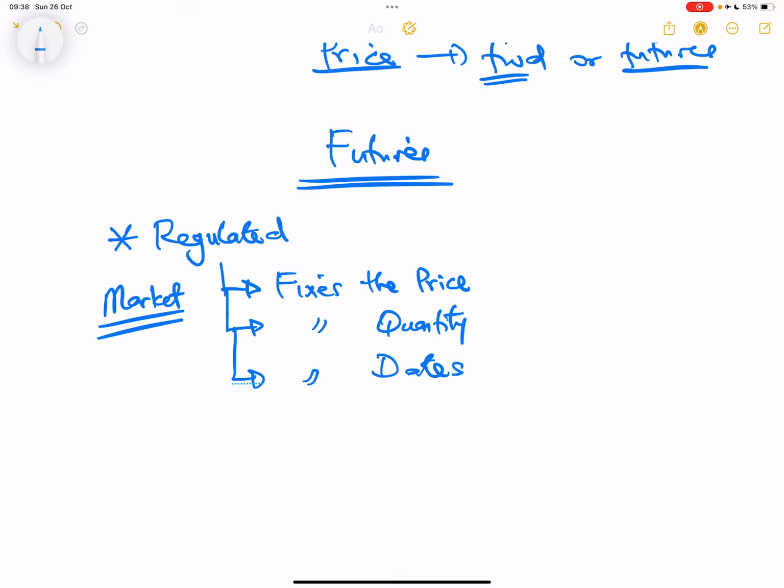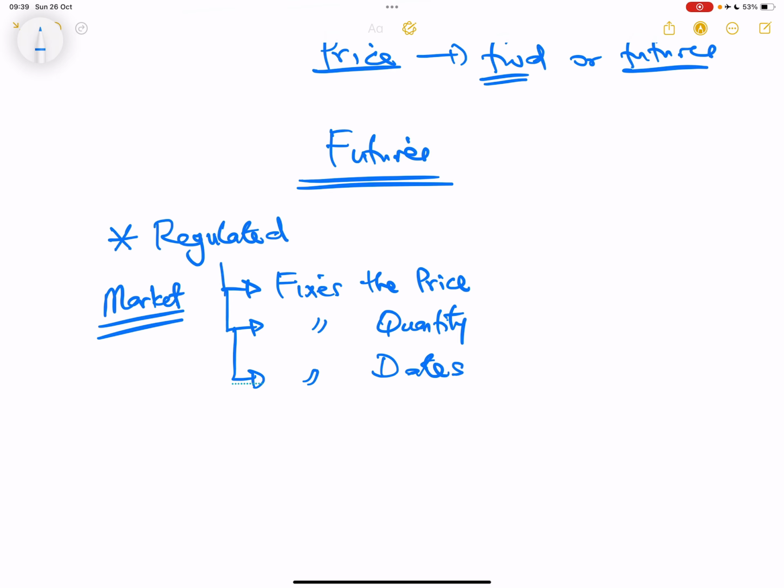You are not likely going to find one, because usually there are quarterly futures, maybe March future, June future, September future, and there's always a standard date, I think third Friday of every month, when those futures expire on their day.